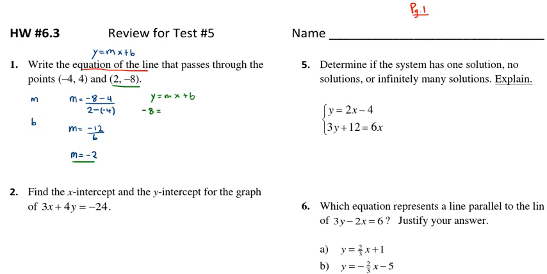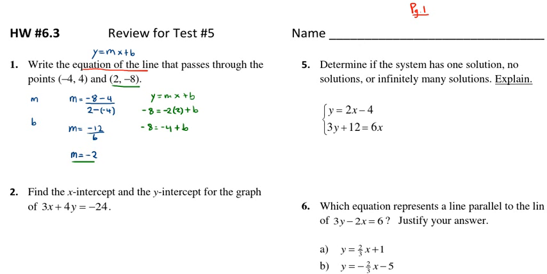Substitute m, which is what we just got over here, that's -2. And we substitute x from the point, which is 2. And we need to find b. So in this case, we have -8 is equal to -4, because -2 times 2 is -4, plus b.